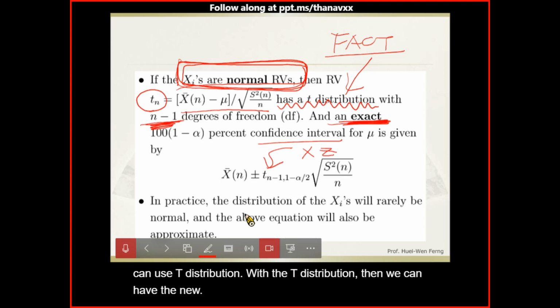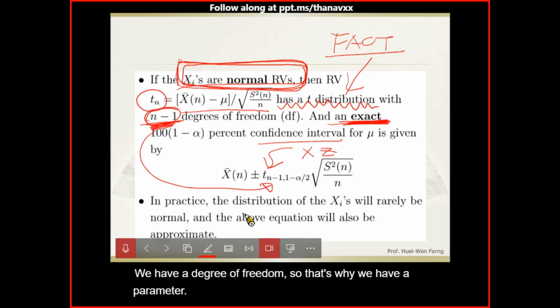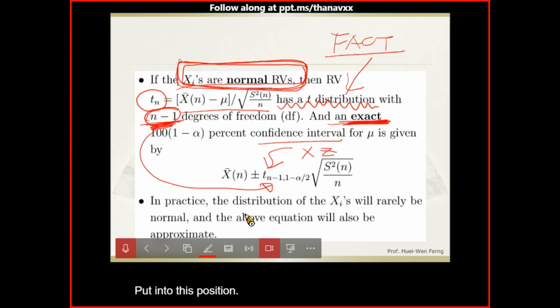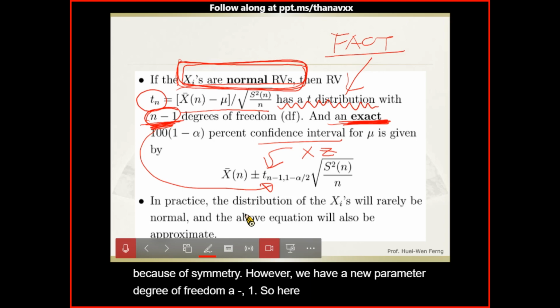Replace Z by T. But for T we have a degree of freedom, so that's why we have a parameter put into this position. Originally the probability is 1 minus alpha over 2, the same because of symmetry. However, we have a new parameter, degrees of freedom, n minus 1, associated with the parameter t.